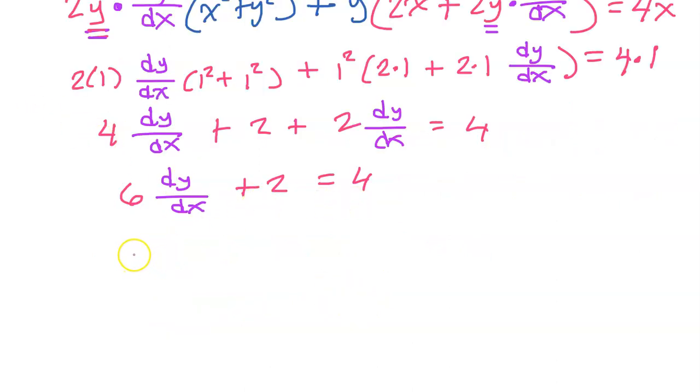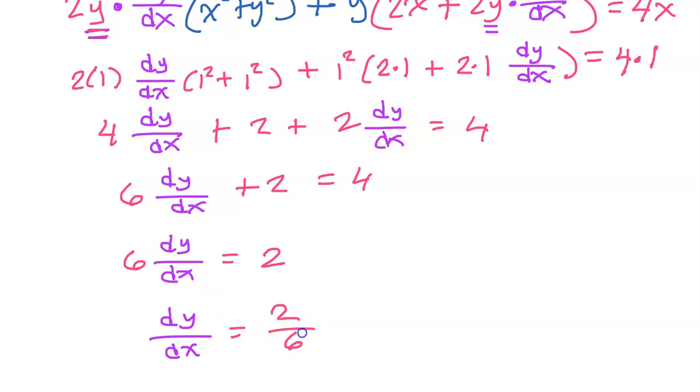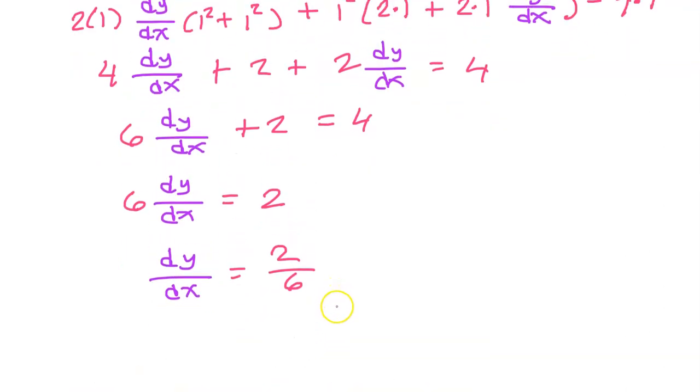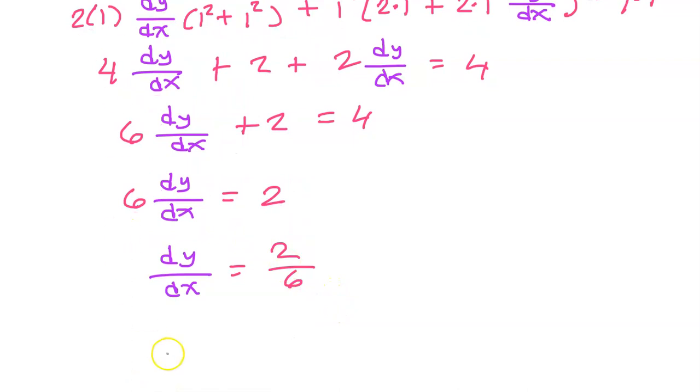Subtracting 2 from both sides, we have 6 dy/dx is equal to 2, and dividing both sides by 6, we have dy/dx is equal to 2 over 6, which of course is just 1/3.